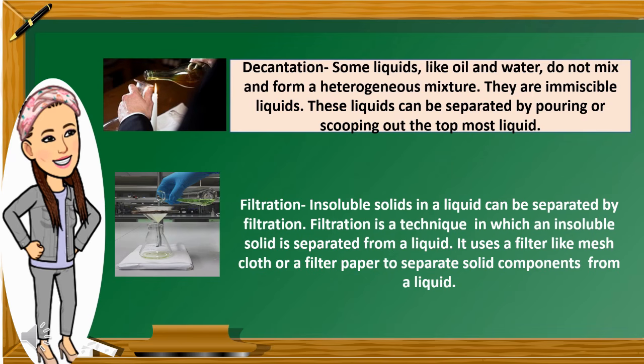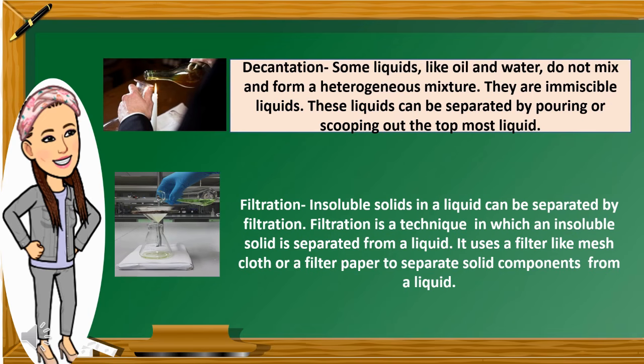We have other ways of separating mixtures, like decantation and filtration. Now, what is decantation? In decantation, some liquids like oil and water do not mix and form a heterogeneous mixture. They are immiscible liquids. These liquids can be separated by pouring or scooping out the topmost liquid.